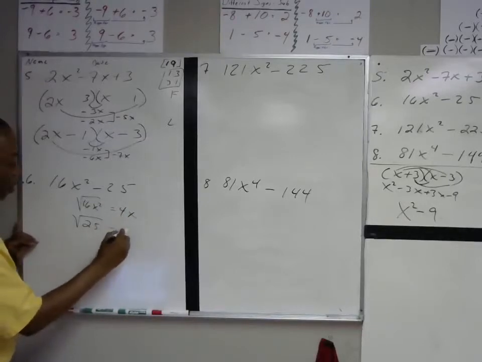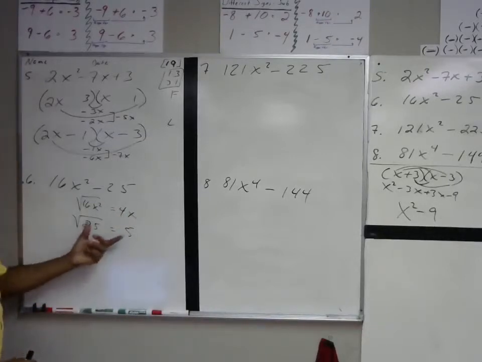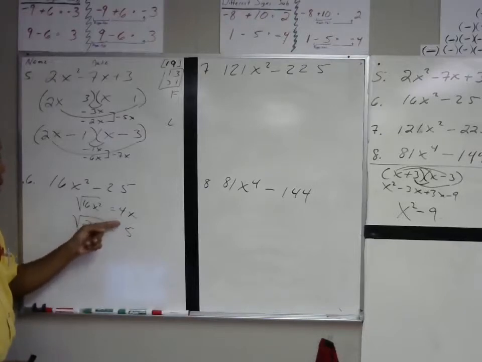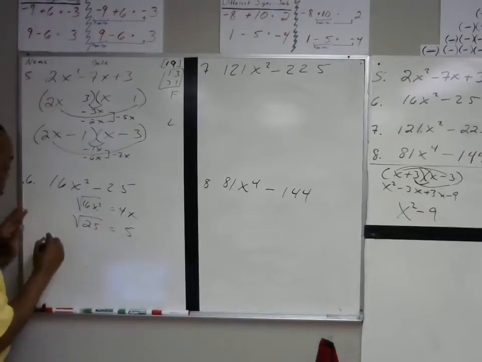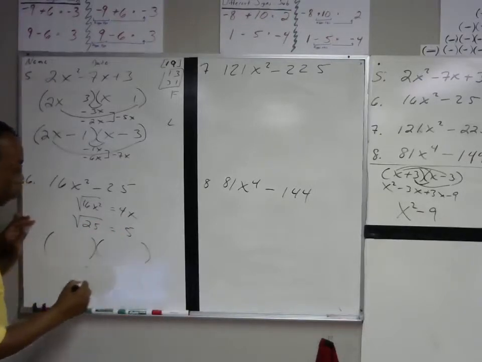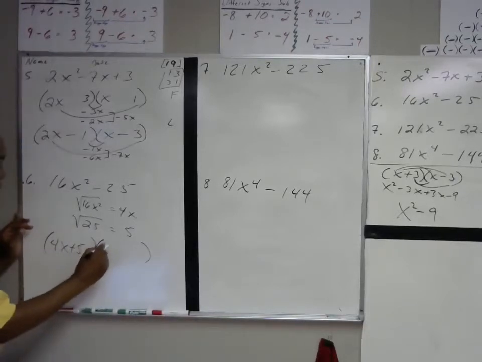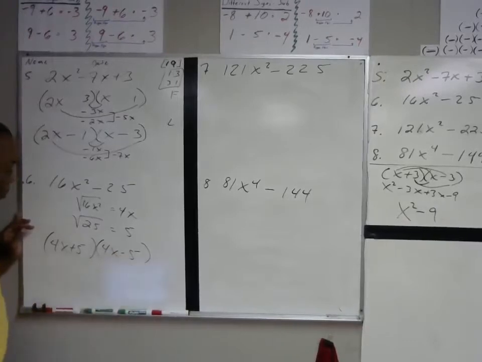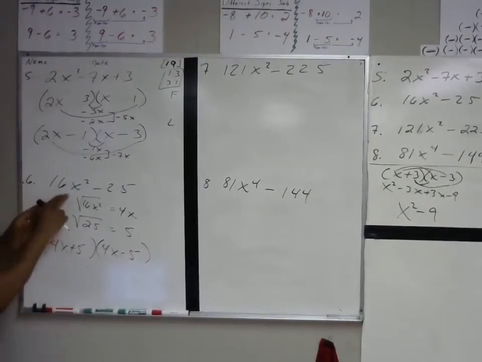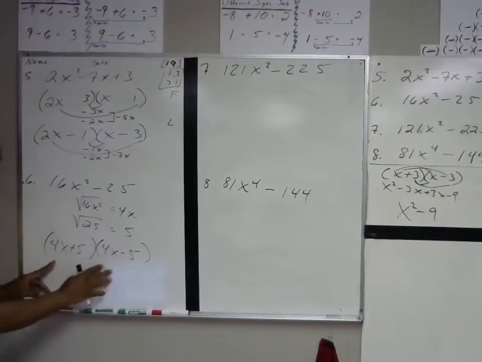The square root of 25 is 5. Since we get these two terms, we're going to write them as conjugates. So we write two parentheses: 4x plus 5 and 4x minus 5. And this is what this used to be before it was multiplied using FOIL.